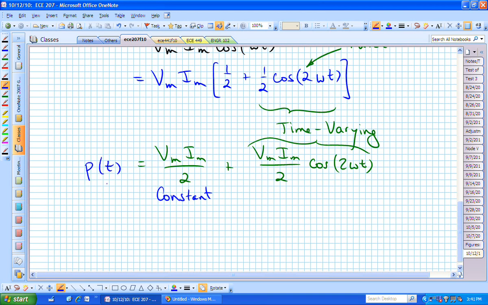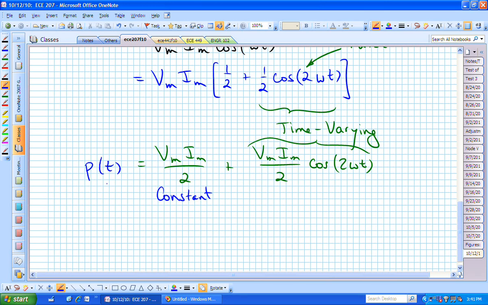If I said, what's the average power absorbed by that resistor? We could physically integrate that out: here's P of t, let's find the average power. That would be the integral of P of t over one period, divided by the period. But by just looking at this, what's going to happen when we integrate a cosine?